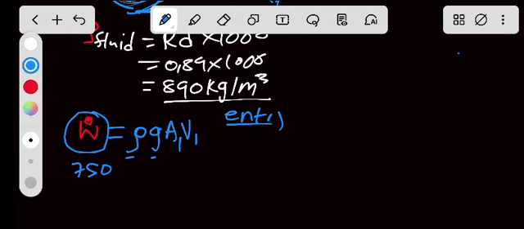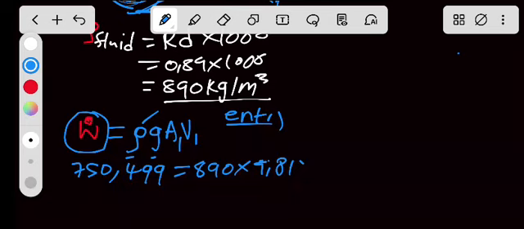The weight flow is 197,499, right? Then the density here obviously is 890, times gravity 9,81, times the area. Let me just leave the area, area 1, and the velocity.